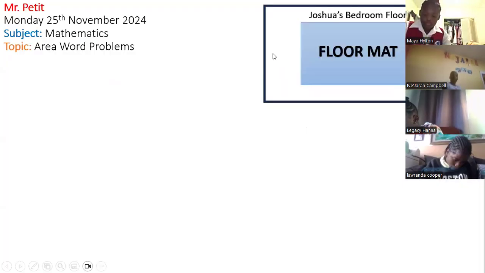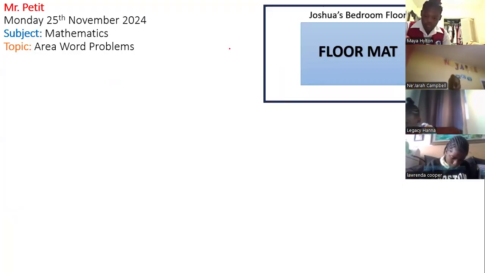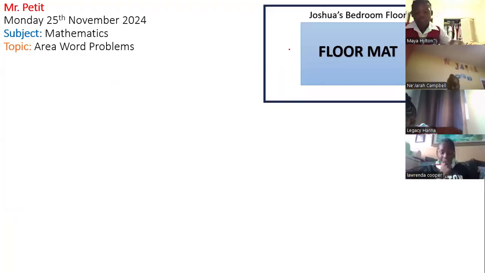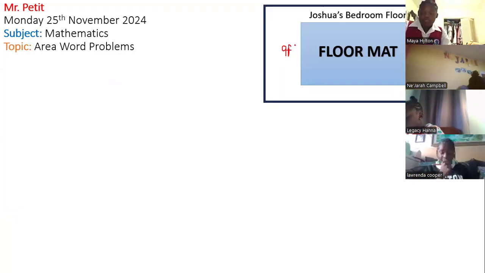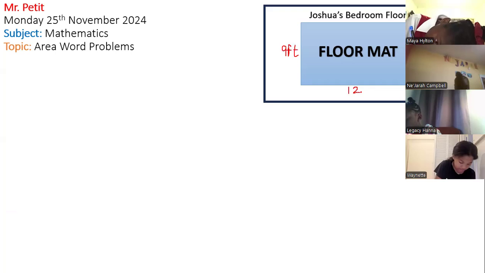Now on the diagram, we're going to say that this right here is 9 feet. Okay, let's say that this is 9 feet. I can't see it on the top. It's just the same thing that it was, just a regular rectangle.